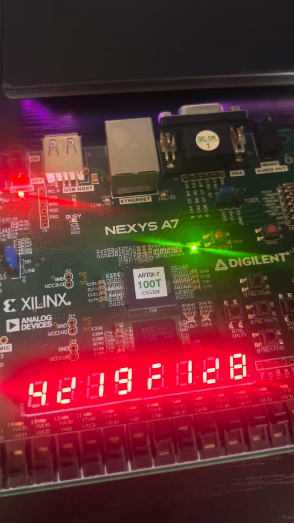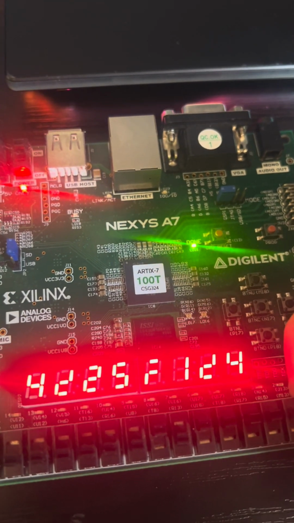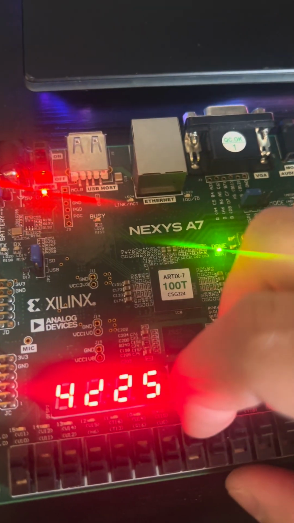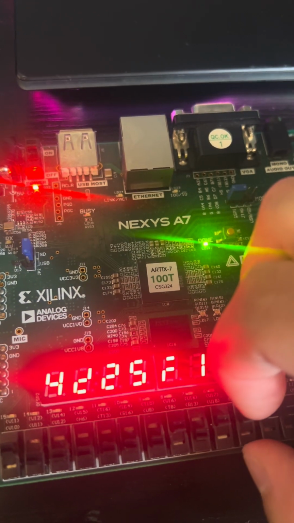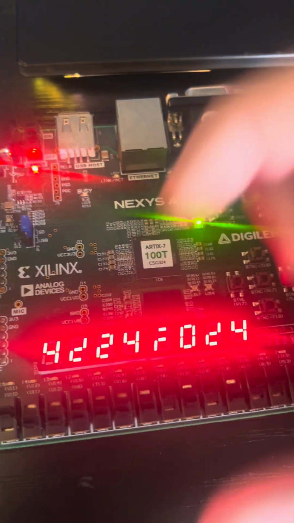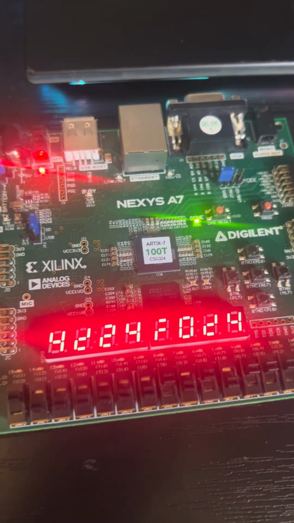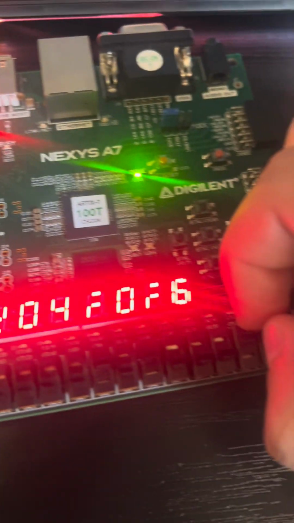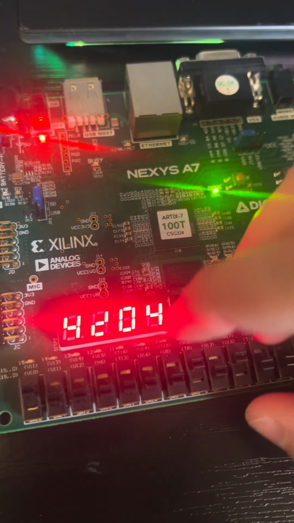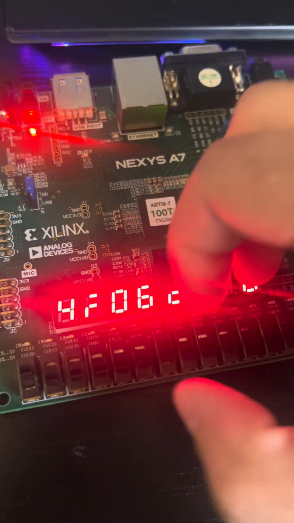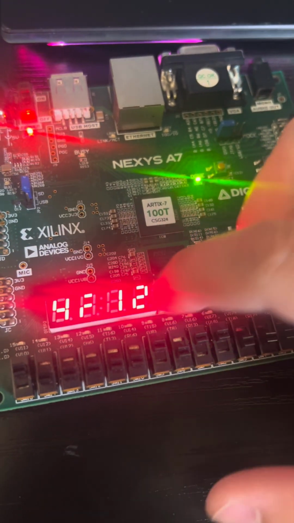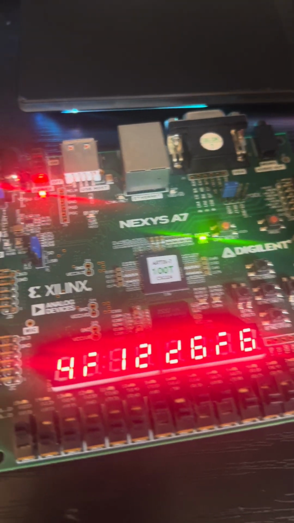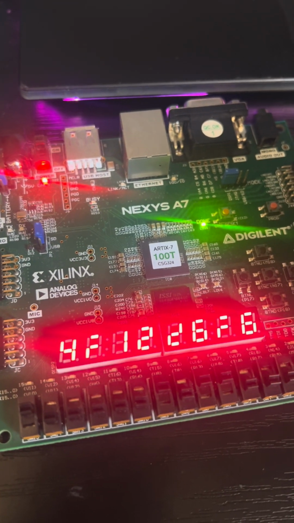If we do -14, that would be that one, and then -14 minus 10. I always get confused. Okay, so -24. Now let's do 6 minus -6. So this is 6, and then -6, we get +12. And then we do -13 minus -4. That should give you -9.